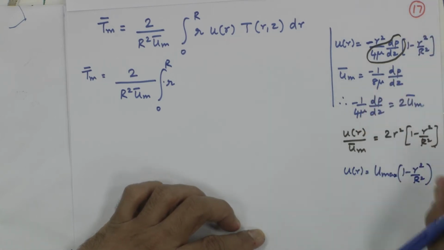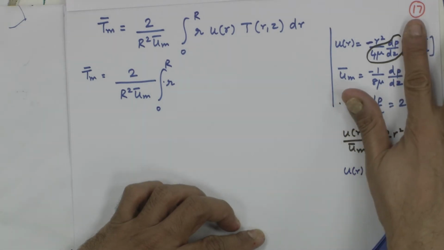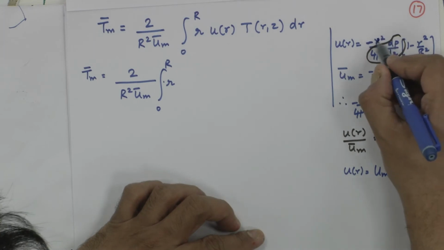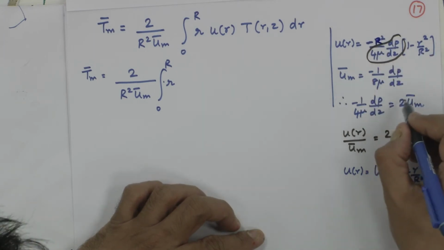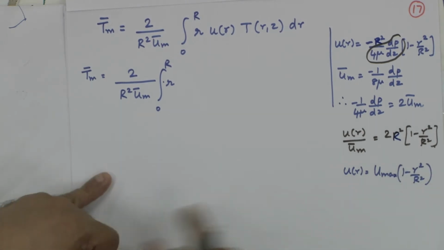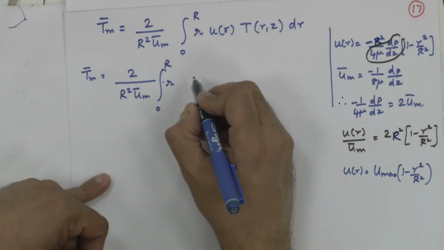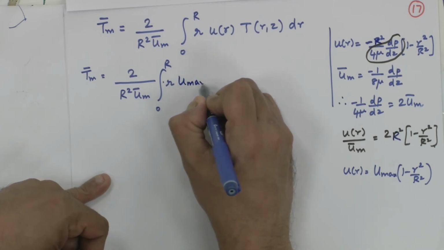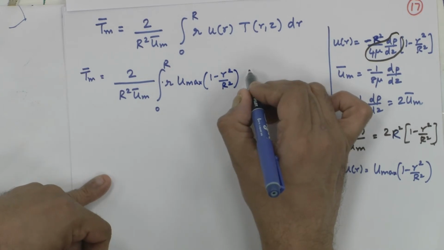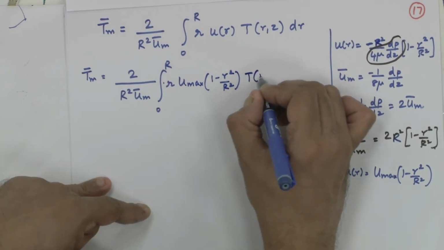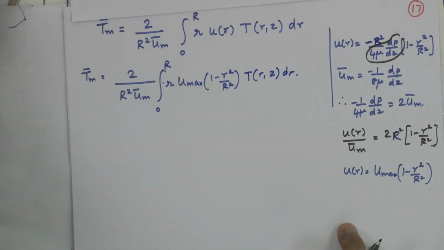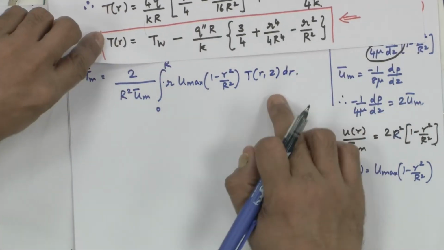When r is equal to 0, you get u is equal to u max, which is nothing but this quantity. So, u of r was capital R squared, this one. So, this is u max into (1 minus r squared by R squared). So, I substitute this as u max into (1 minus r squared by R squared), substitute for T of r comma z. So, you put this expression here. You put this expression here.